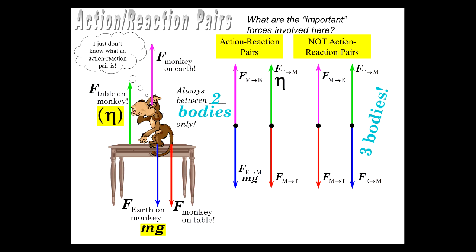But we have to really be careful about that, and note that it's not an action-reaction pair because three bodies are involved. Monkey, earth, table. Earth, monkey, table. All right. So three bodies, not an action-reaction pair.